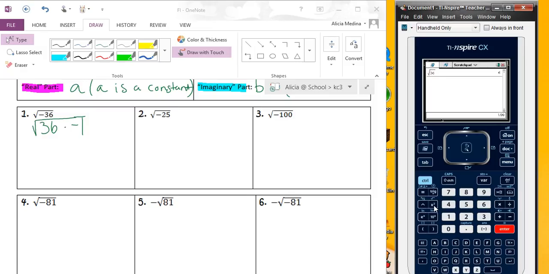So the square root of 36 is 6, and the square root of -1, like we said above, changes to an i. So I have 6i. And anytime you take the square root, you always have a plus or minus sign, so you can have a positive 6 times 6 or a -6 times a -6.